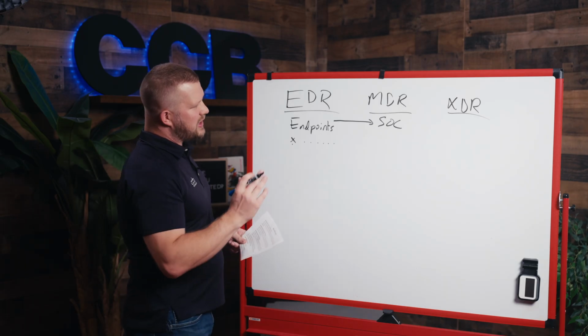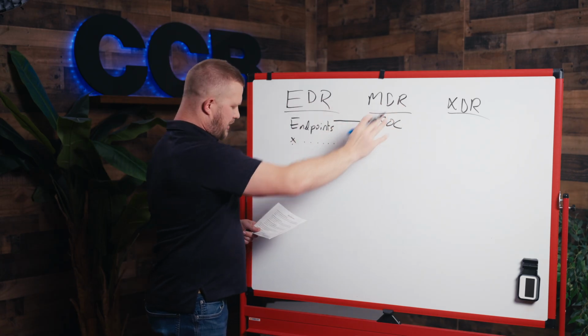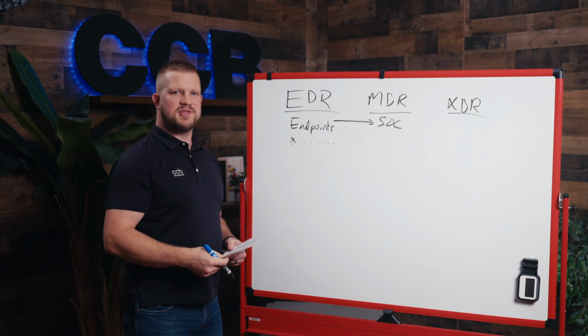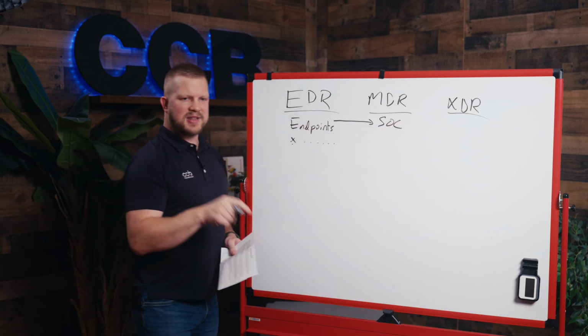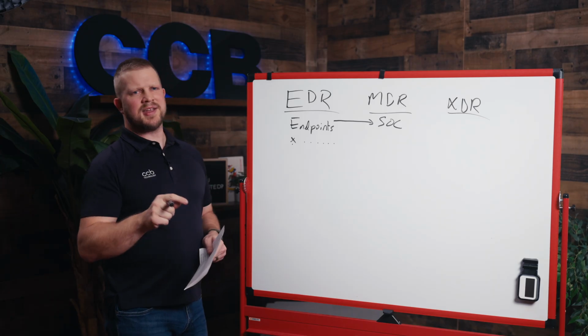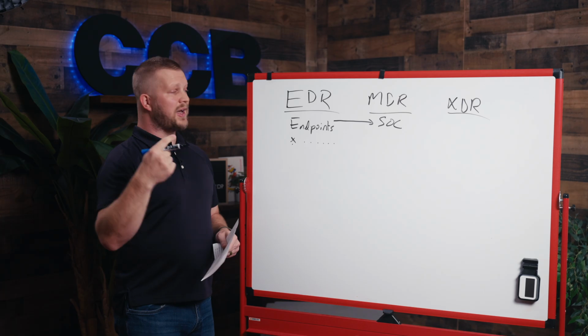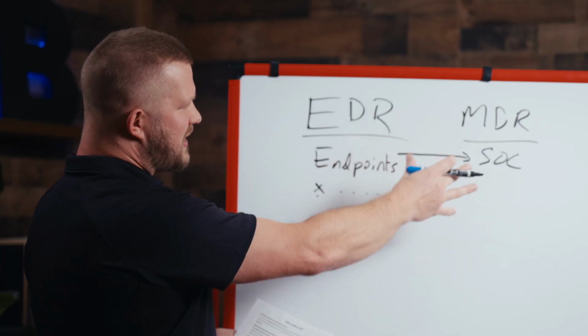So that MDR component enhances EDR. It's like having a security team watching those cameras. It's one thing to have those cameras in place. It's another thing to have somebody sitting there paying attention, saying, hey, there's somebody by the back door, or somebody made it into the front door, and they're in the building doing something they shouldn't be. So that's that next step.